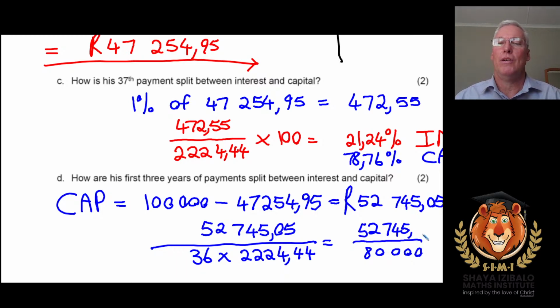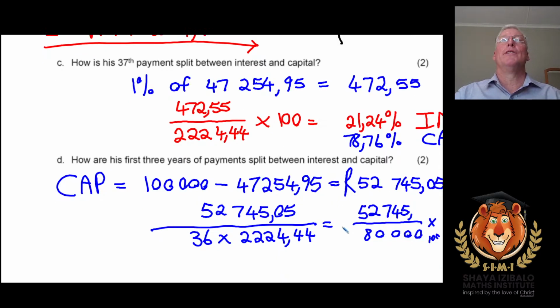All right. Okay. So the balance of that amount would be interest. Sorry. This amount here is capital. Okay. This 52 number here. All right. If we work this out as a percentage, and I know I'm running off the screen there, but if I multiply that by 100, what I actually get is very close to 66%.